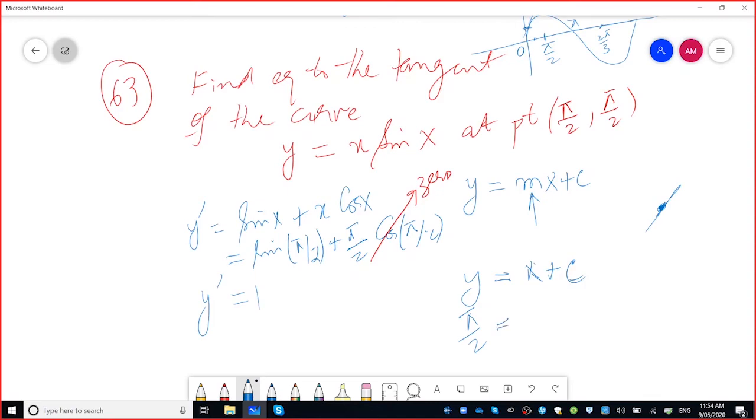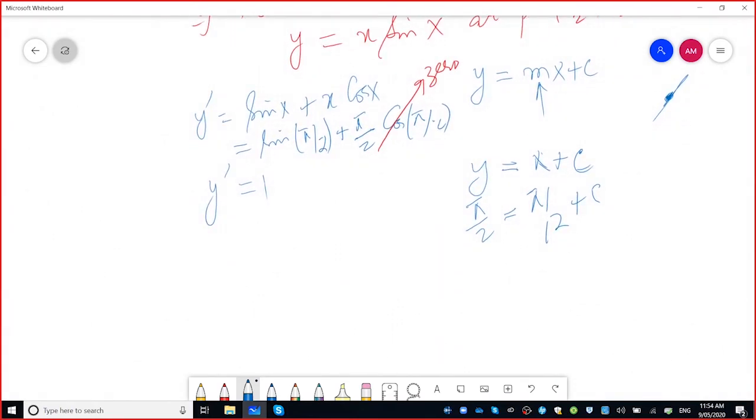So pi over 2 equals pi over 2 plus c, which means c is equal to 0. Therefore the final equation of the tangent is y is equal to x.